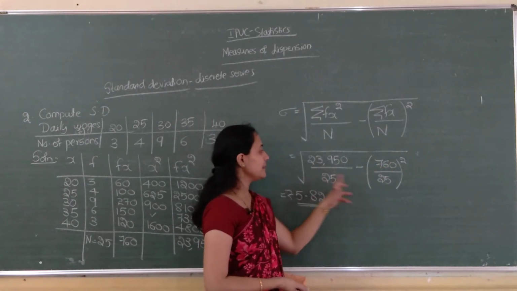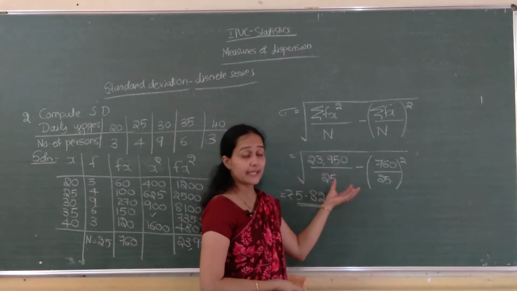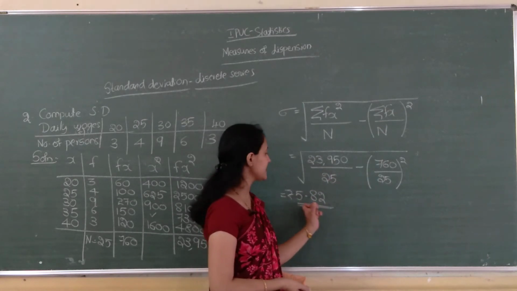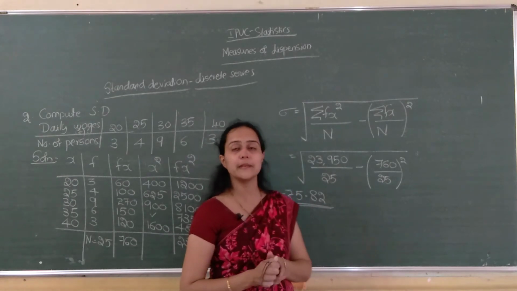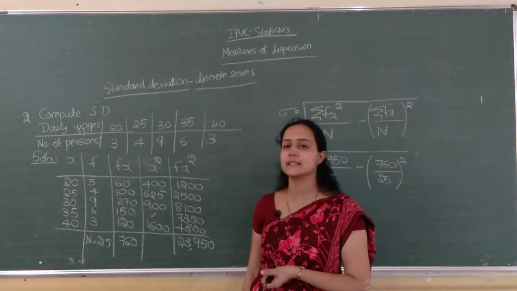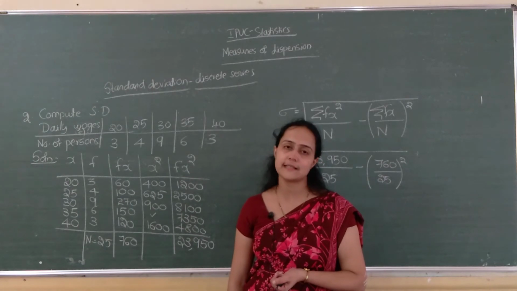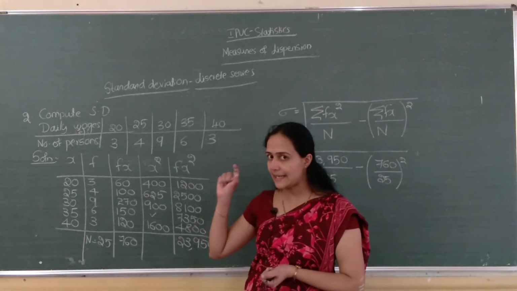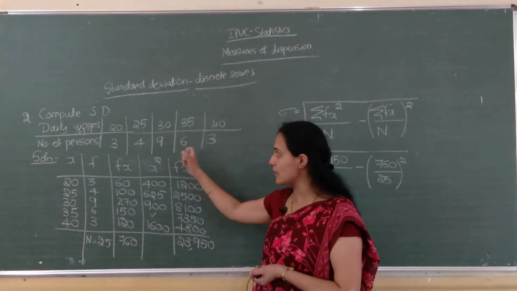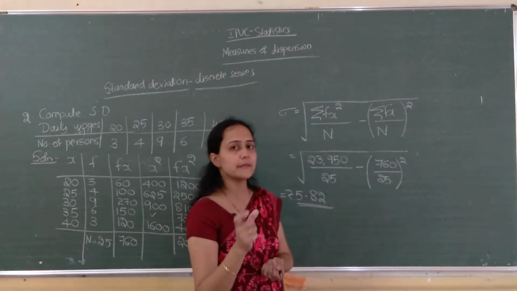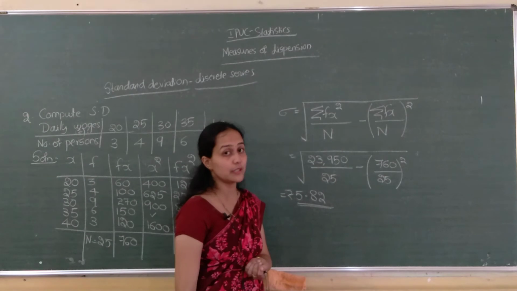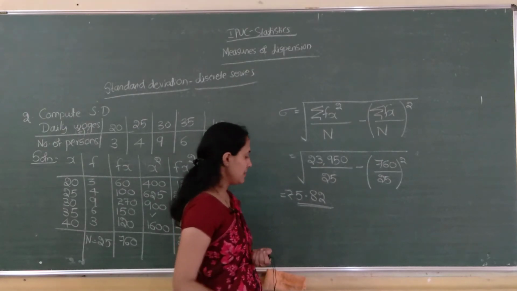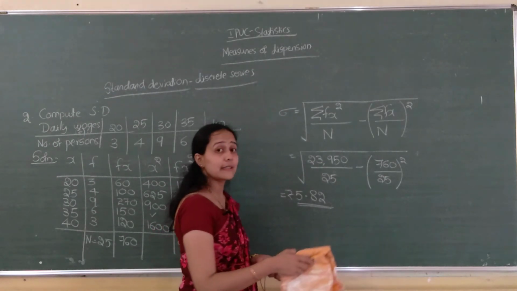Then this minus this gives one number, and its square root is 5.82. Standard deviation means each value differs from the central value by this much. Hope it is clear.